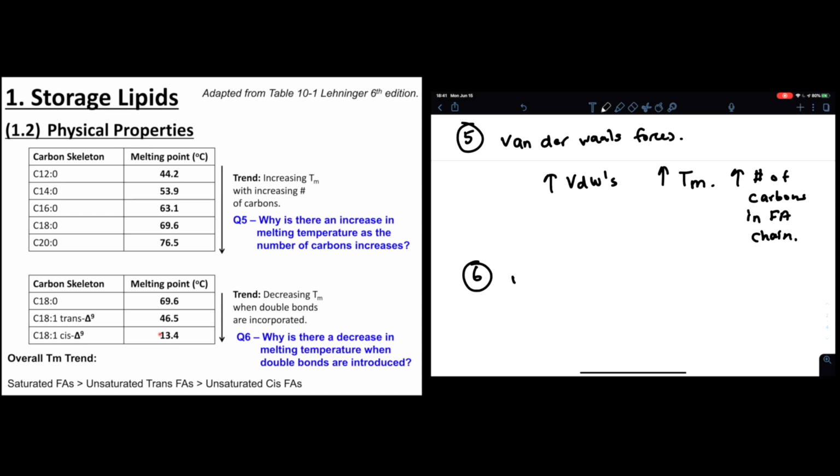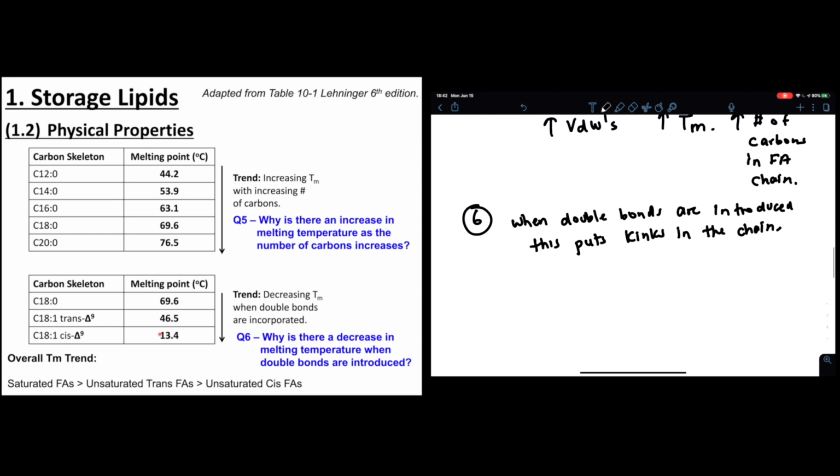Okay, so we're going to say that when double bonds are introduced, this puts kinks in the chain. Right?